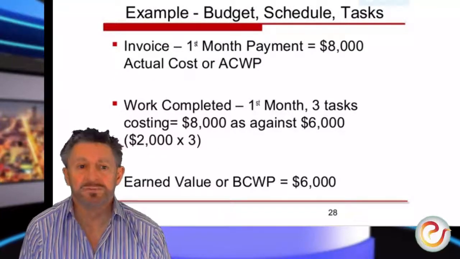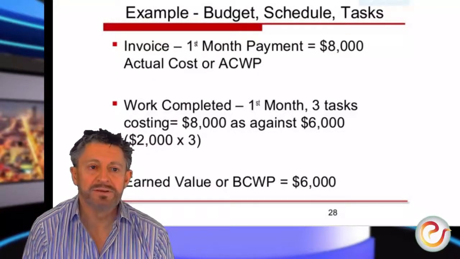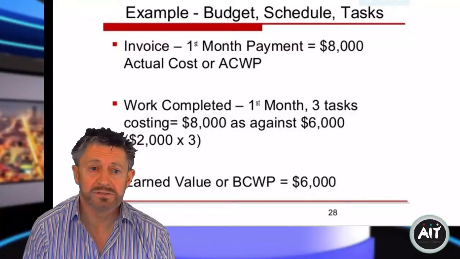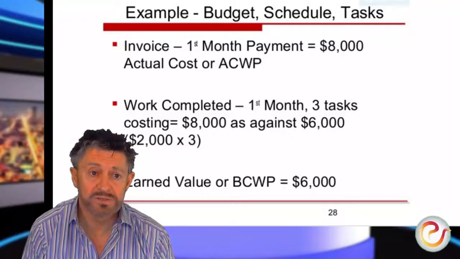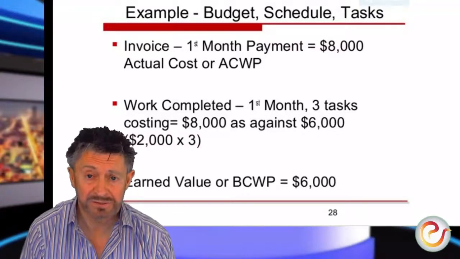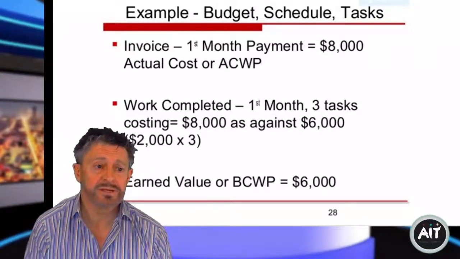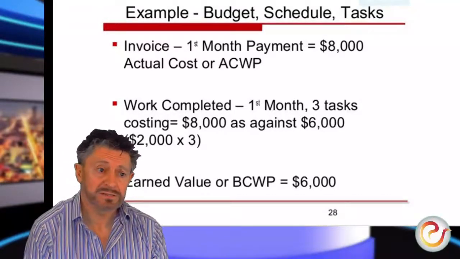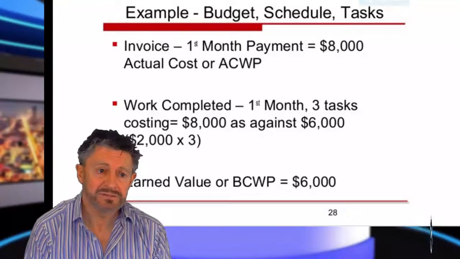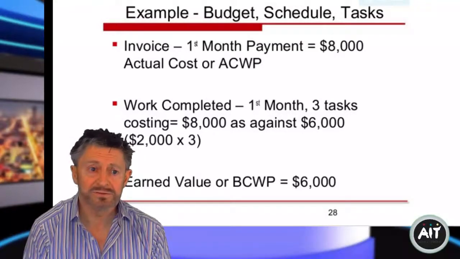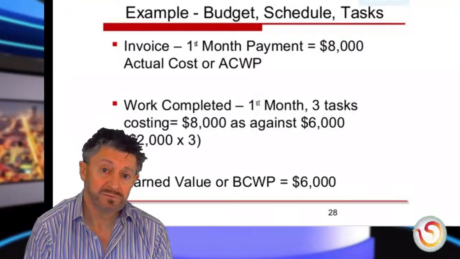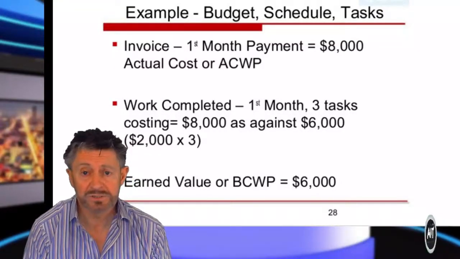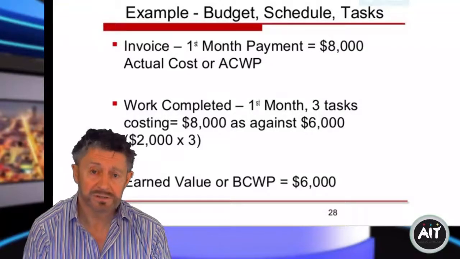So at the end of the first month, we have a payment of an invoice of 8,000. So the actual cost, or the actual cost of work performed, is 8,000. We should have spent 10,000. We've only spent 8. So work completed in the first month, there were 3 tasks done costing €8,000 against 6,000. So we knew that each task we originally budgeted for €2,000 each, 5 tasks, €10,000.